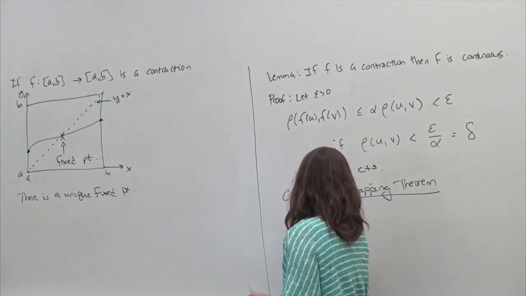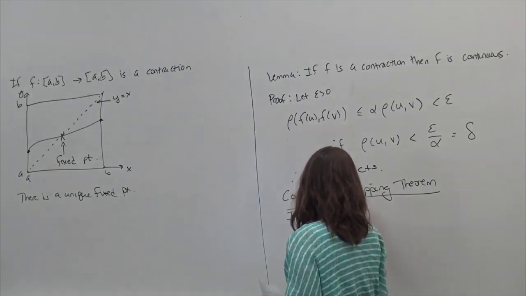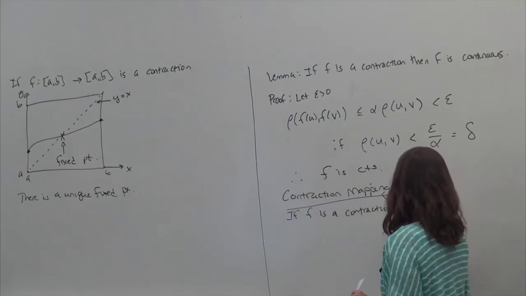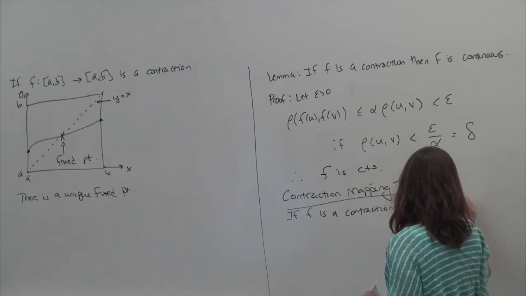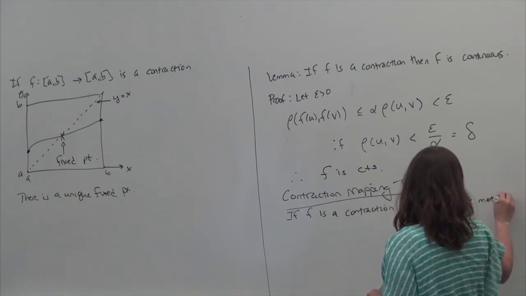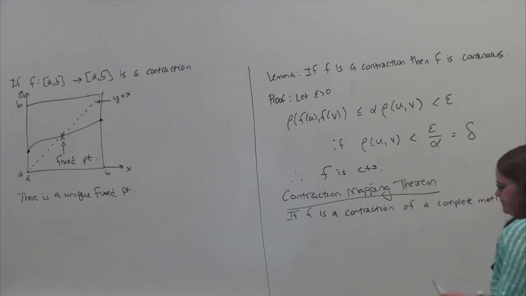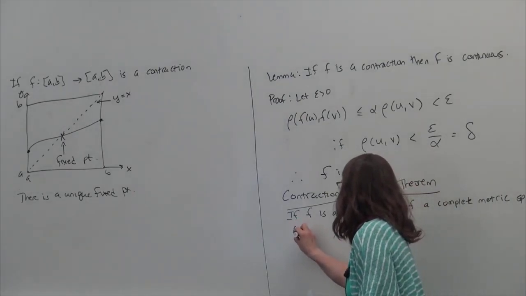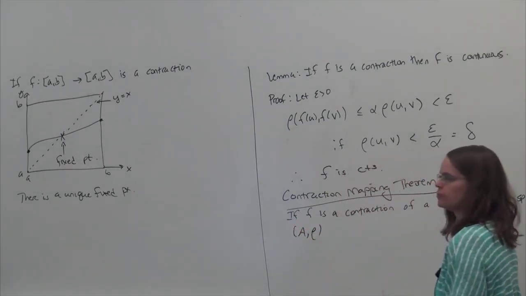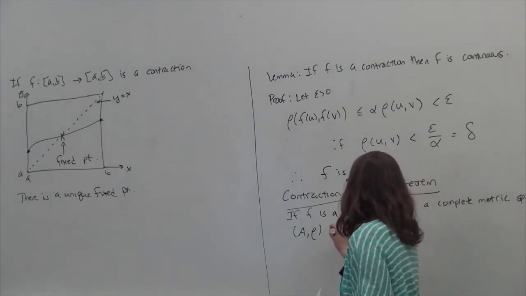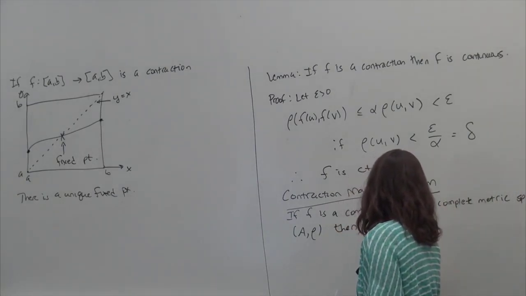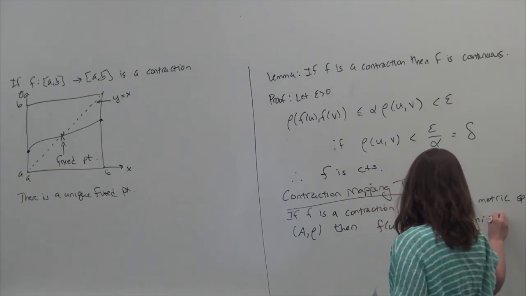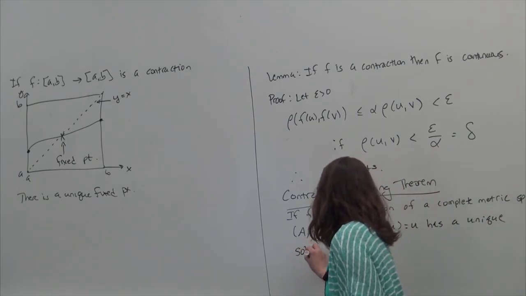Okay, so if f is a contraction of a complete metric space, okay, then we can find a unique fixed point. That's a unique solution in A.